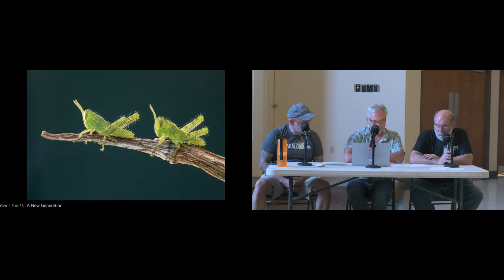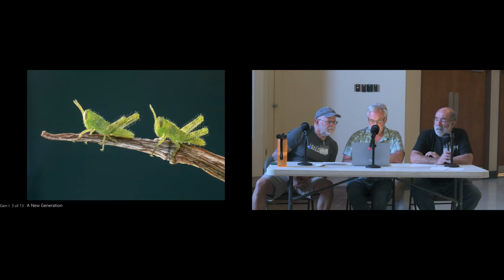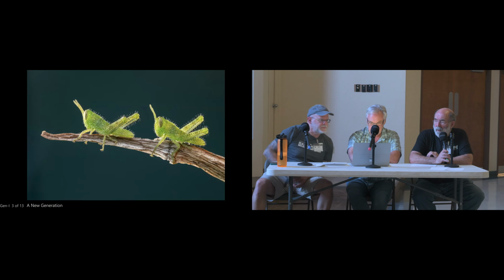Looking at the metadata, stopped down, F18, getting some depth of field, you can see that very clearly in the little stick they're on. But the point of focus, I'm not certain where it is, but the stick is extremely sharp, and the little insects just lose a bit of sharpness as you look at it.